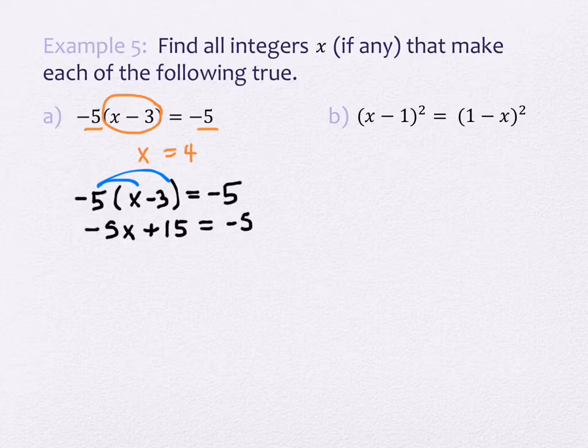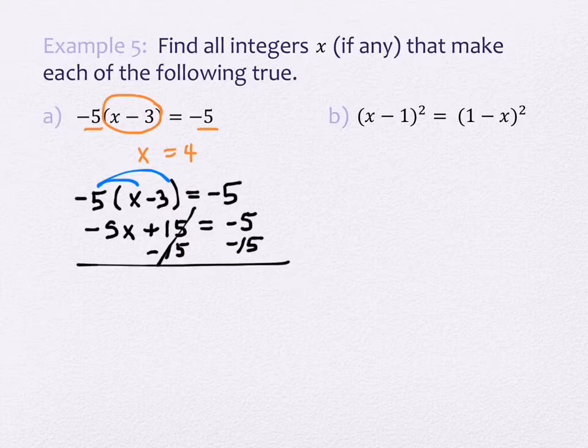What would we do next to solve this equation? We would subtract 15. Very good. All right. So this adds to 0, which was the whole point. That's an additive property of equality. And then I've got negative 5x on the left. What is negative 5 minus 15? That's negative 20. Those are using properties in 5.1.